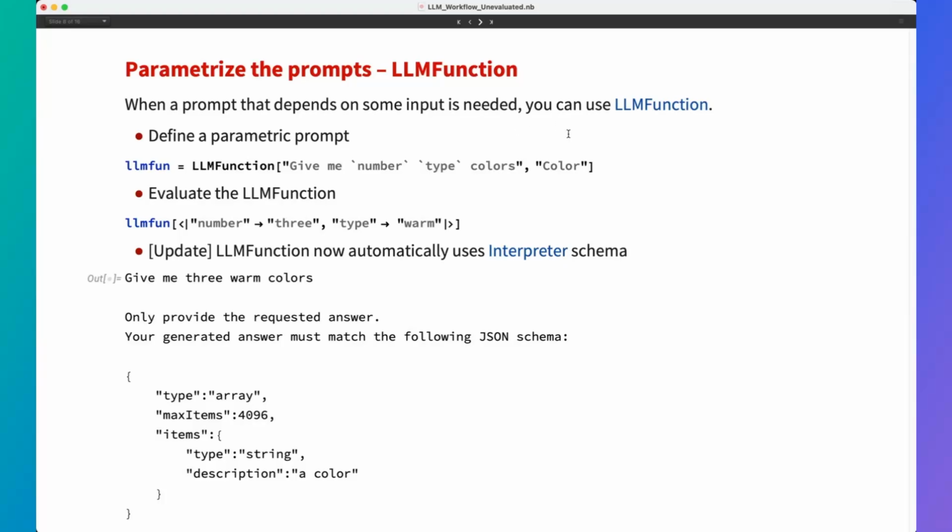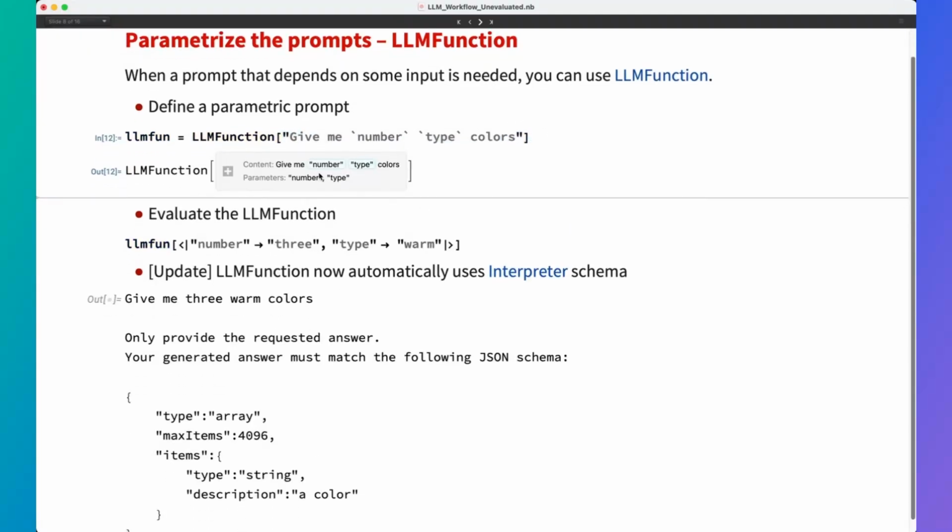With that, you can basically achieve anything, but there are several extra useful features that we introduce with LLMFunction, which make it more tailored for programming. First, usually you want to reuse your prompts, slightly changing them, so it's a templating capability. If you wrap a template object, such as a string template, in LLMFunction, then you can pass parameters like numbers and types to modify the prompt live at runtime.